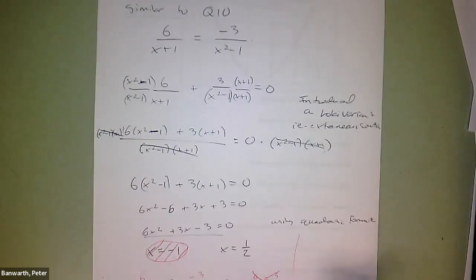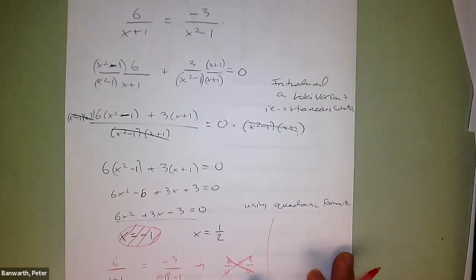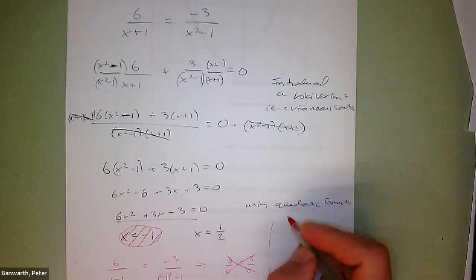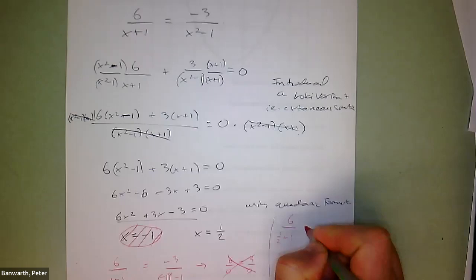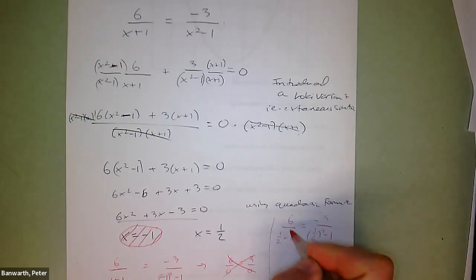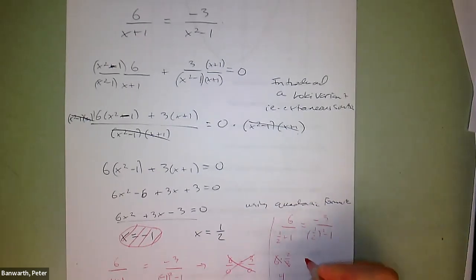Is it possible that x equal to a half is an extraneous solution? It's possible. It's unlikely because we probably wouldn't give you questions where neither of the possible solutions work, but you still want to check. 6 over 1/2 plus 1. Does that equal minus 3 over 1/2 squared minus 1? 6 over 1 plus a half is 6 times 2/3, which is 4.